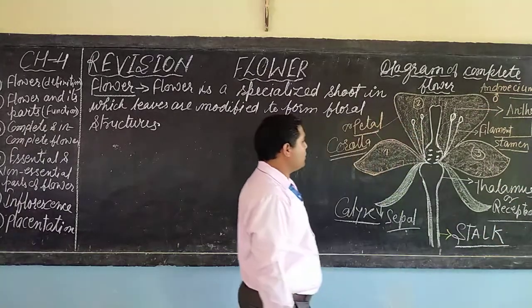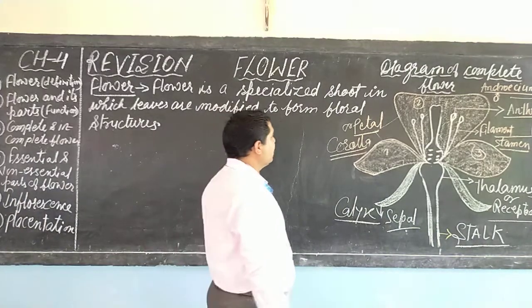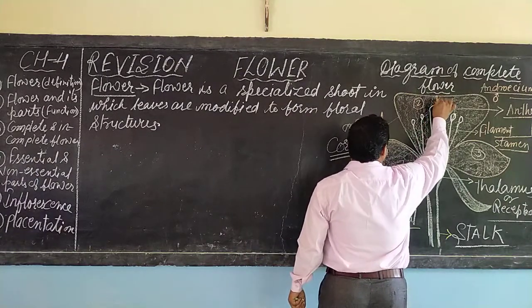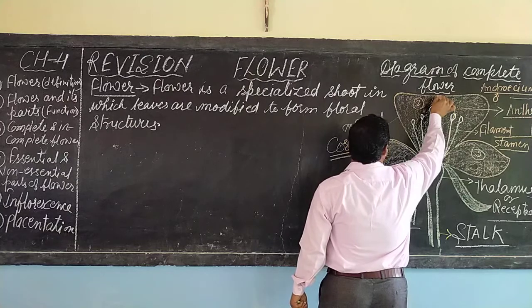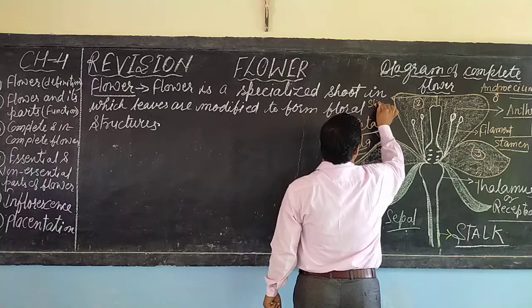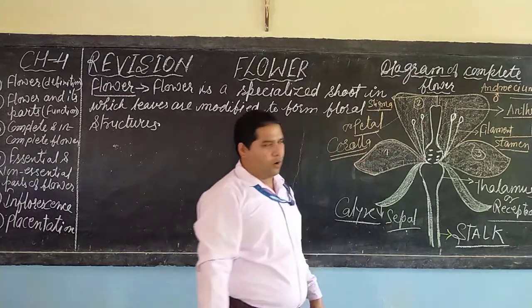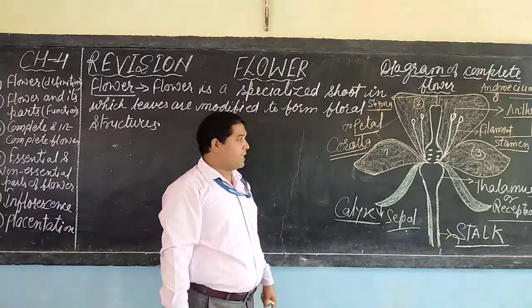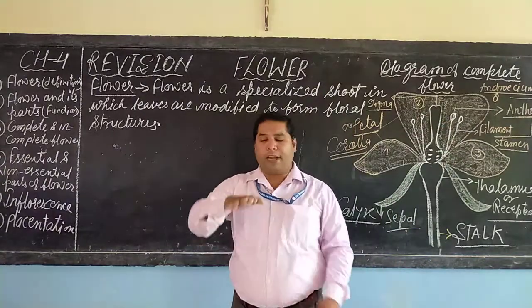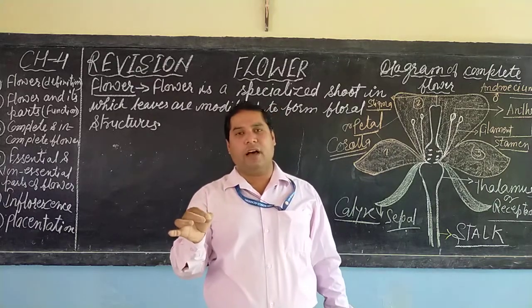Now I am going to explain the female part of the flower. Dear student, pay attention here. The topmost part of the female part of the flower is known as stigma. Stigma has a special work. During pollination, stigma provides the landing place for the pollen grains.